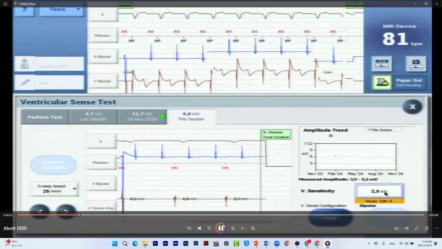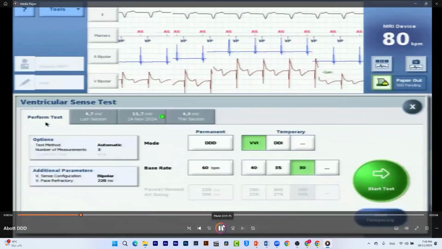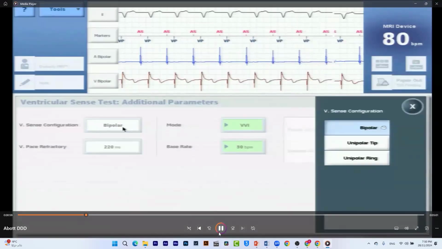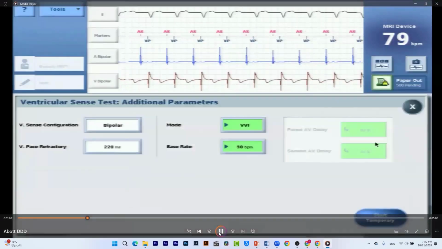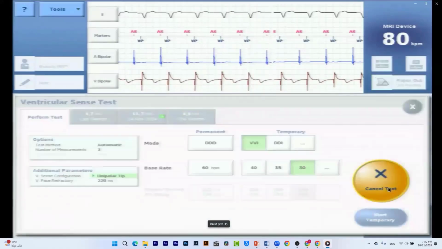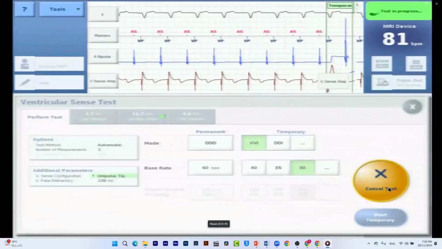And sensitivity is 2. So what I did now, I will change the configuration of sensing. See, ventricular sense configuration. I will change it to unipolar tip and we'll repeat the test again.